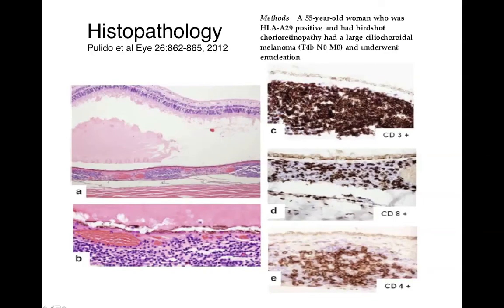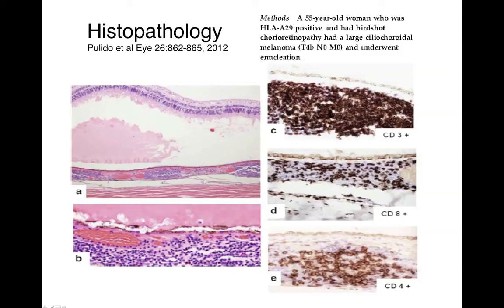More recently, there was a publication by Dr. Polito in a patient who had Birdshot and also had a melanoma, so the eye needed to be removed. And a very similar finding was seen with cells in the choroid which were trying to probably get into this area. You can see the disruption of the retina, the destruction of the photoreceptors, all of these exactly what we see in the uveitis model.